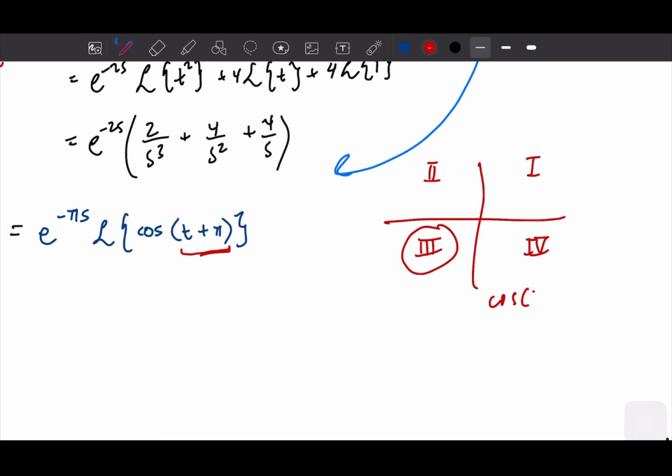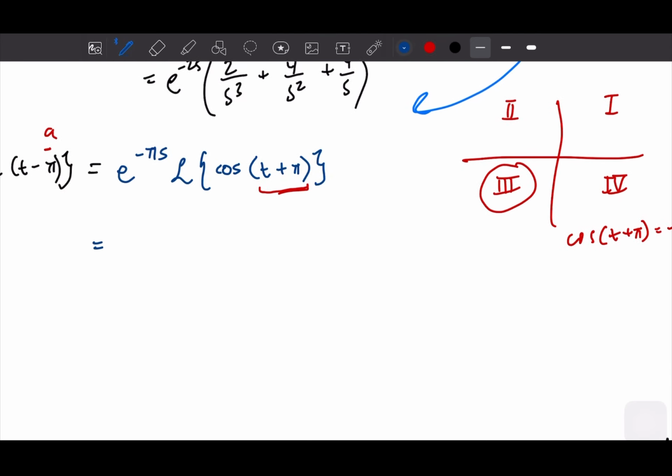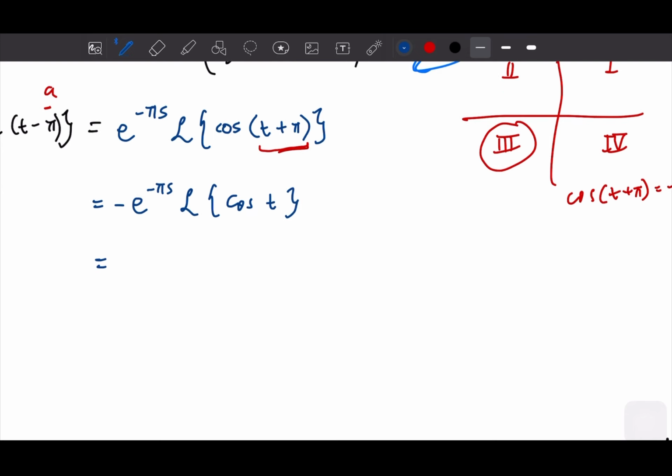So cos t plus pi is negative cosine t. So we could just use that theorem to solve this. So negative I will put here. So this is Laplace of cosine t, and then simply this is just negative. Well, we could write this first, and then s over s squared plus 1, and that's it.